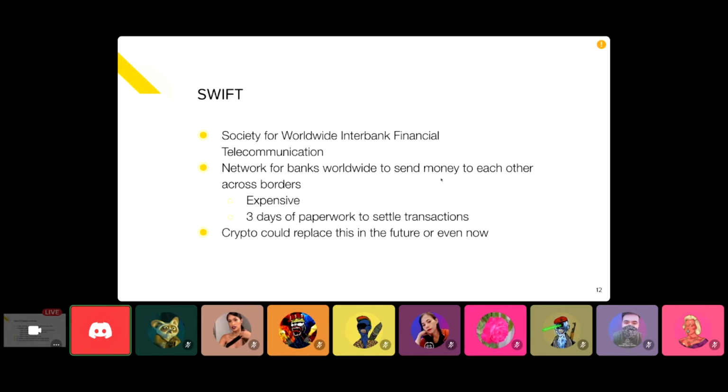So now let's take an example. Say I want to transfer some money to my friend Calvin using a SWIFT bank payment, which stands for Society for Worldwide Interbank Financial Telecommunication. SWIFT is basically a network for banks worldwide to send money to each other across borders.